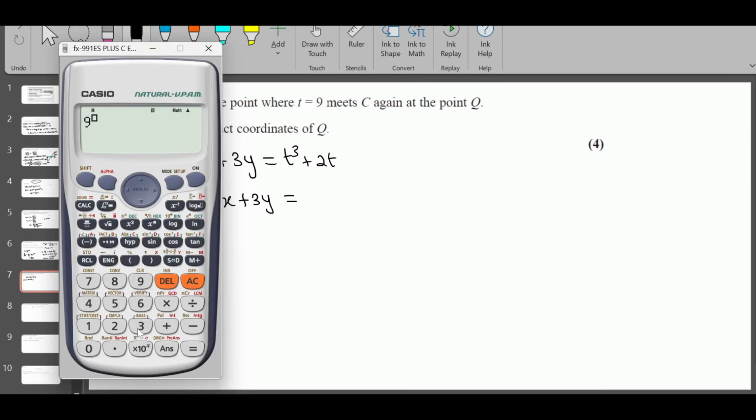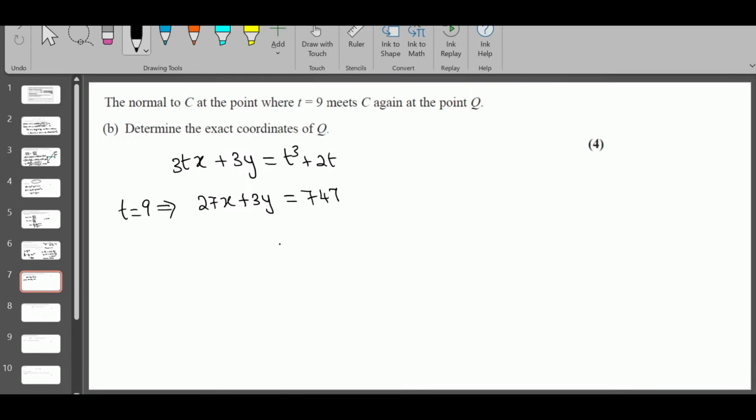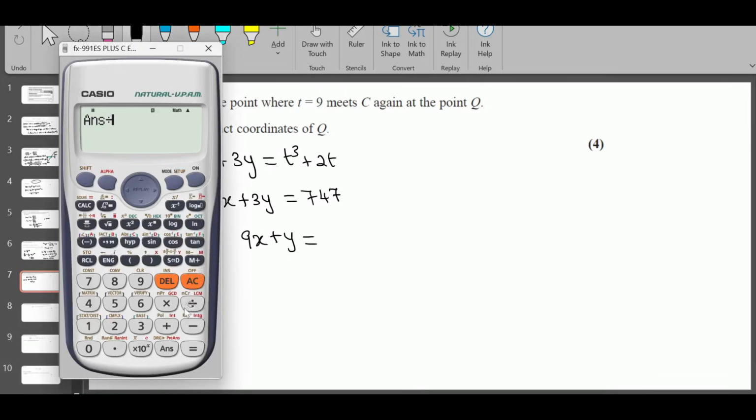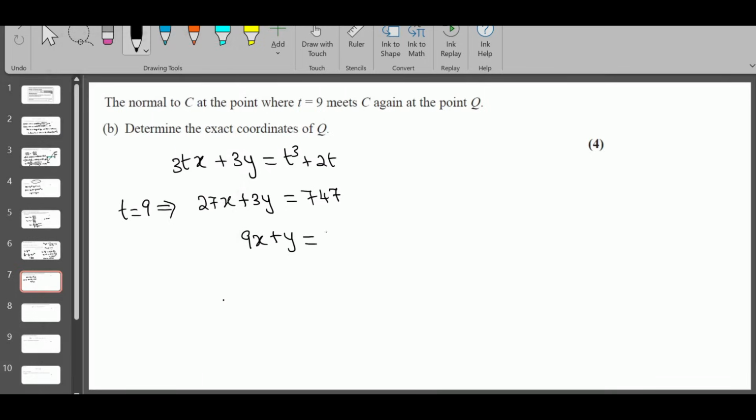Sorry, 9 cubed plus 2 times 9, 747. We can divide through by 3 actually. 9 3s are 27x plus y is equal to this number divided by 3, which is 249. Now that's the equation of the normal when t is equal to 9.